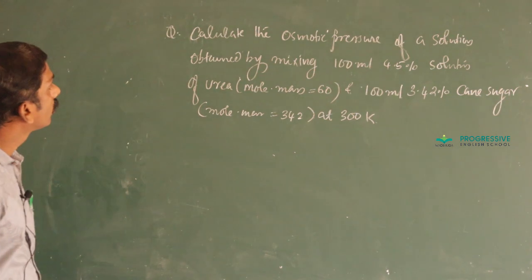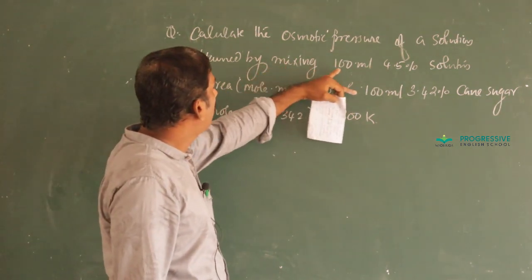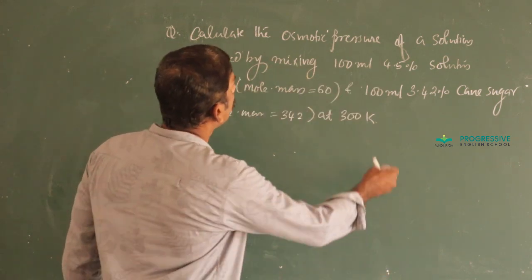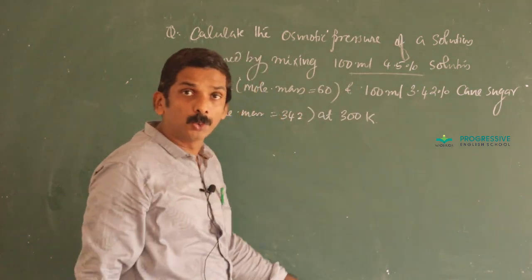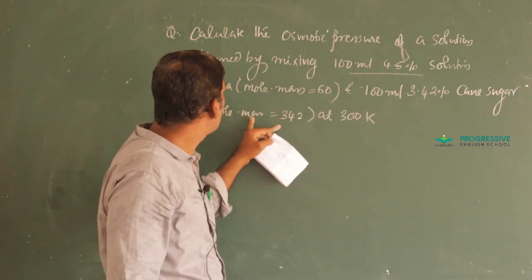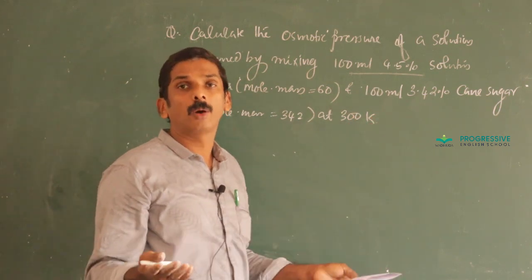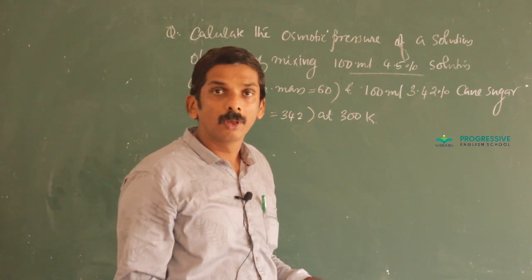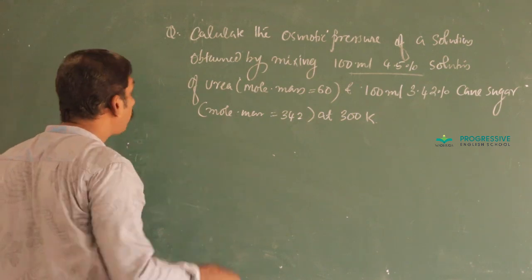Here, one method you have to calculate this separately. Pi 1 osmotic pressure of this urea, pi 2 as the osmotic pressure of cane sugar, and final total osmotic pressure is obtained by adding pi 1 plus pi 2. Or in other words, first you find out the number of moles.